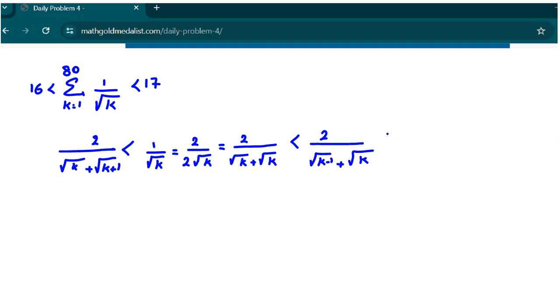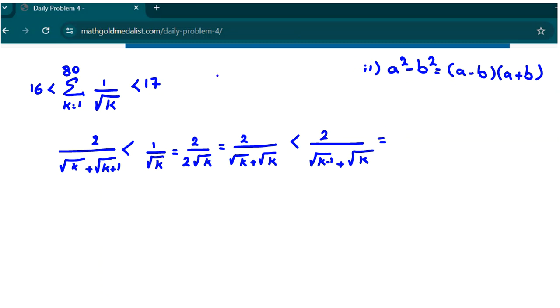Now we can write here what? If we rationalize, then we should use this identity, that a squared minus b squared is a minus b times a plus b.